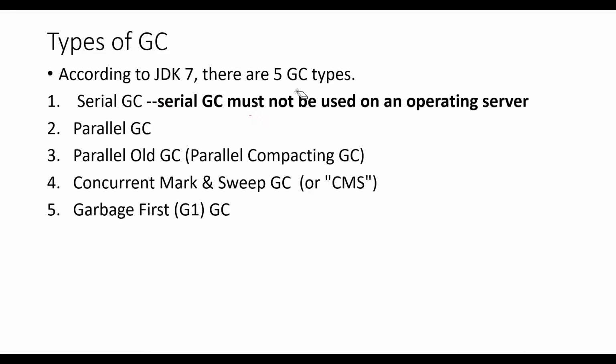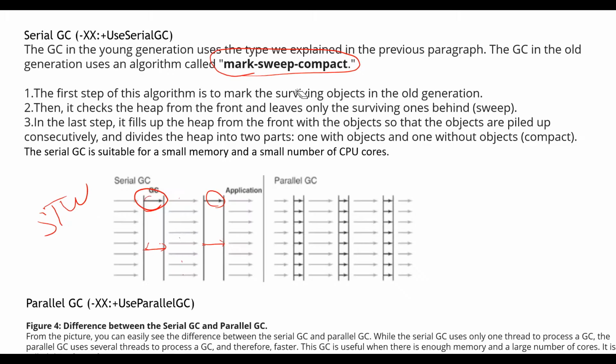So that's why they could not think beyond that, and at that time serial GC was invented. Next, when technology advanced, you have multi-core, multiple-processor servers. With that, parallel GC comes into the picture.